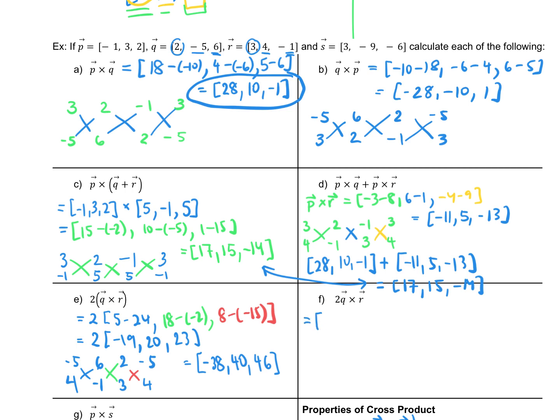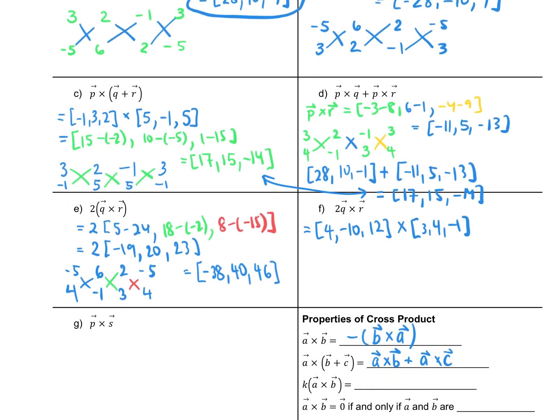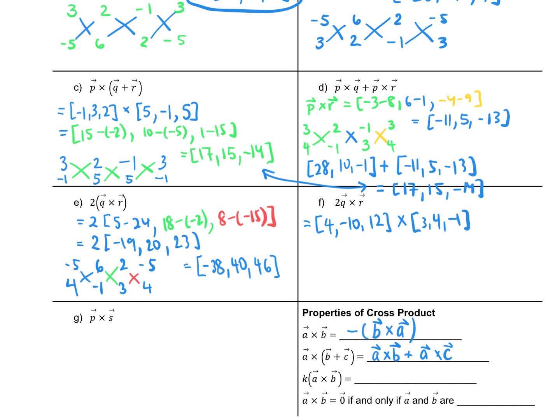So doubled vector q will be 2 times 2 is 4, negative 5 times 2 is negative 10, 6 times 2 is 12, and we'll cross that with vector r, which is 3, 4, negative 1. All right, yet another cross product. Starting with the middle term, negative 10, 12, 4, back to negative 10.